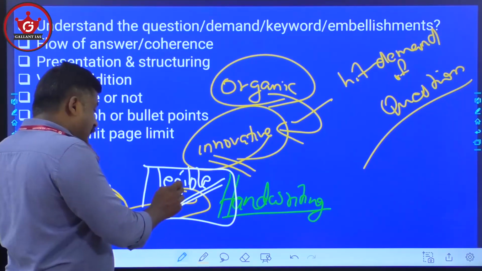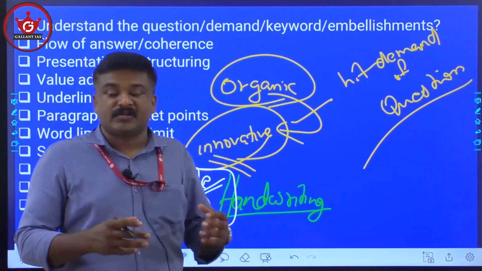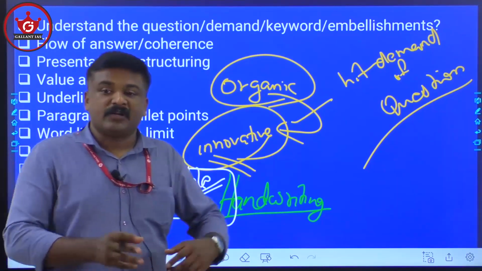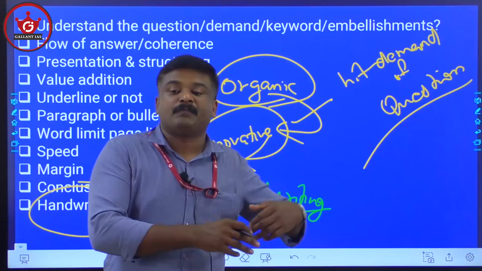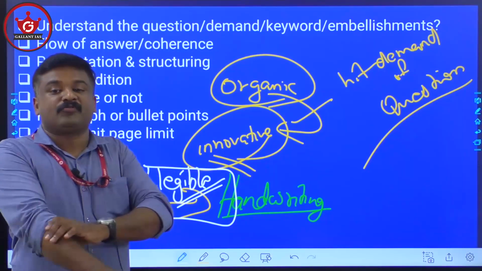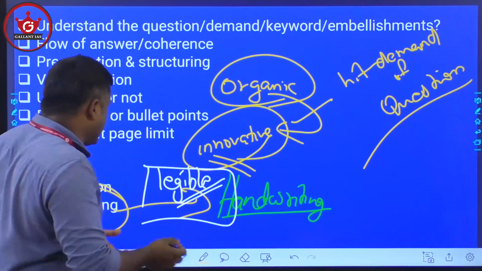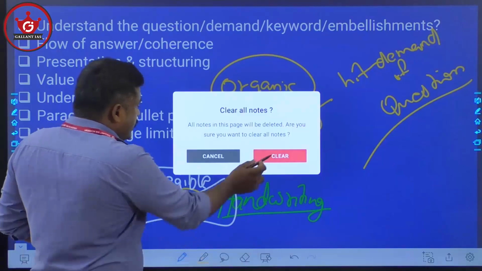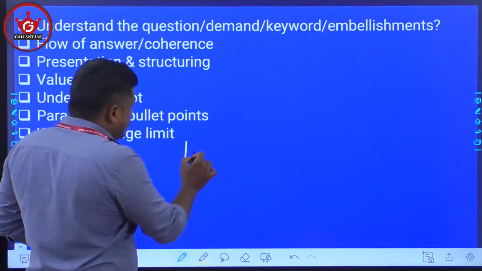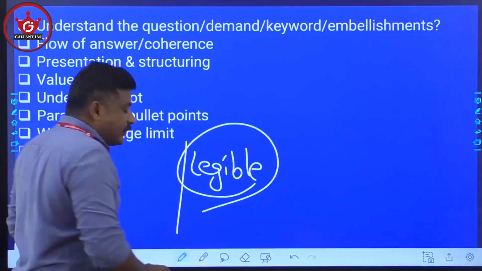Don't invest so much time in beautifying it, because I heard certain funny things. People invest a lot of time making their handwriting beautiful, and they take extra courses for beautiful handwriting. That is not required here. Handwriting has to be legible, readable.